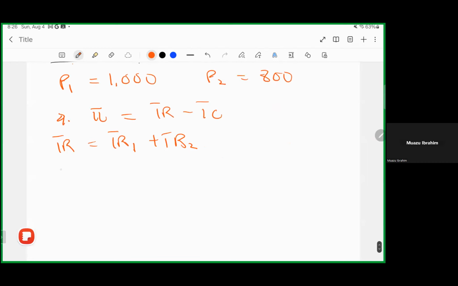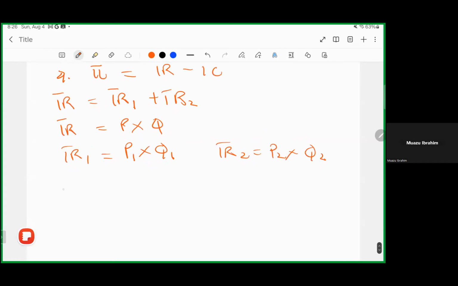Remember, total revenue is the same thing as price times quantity. So total revenue 1 will be P1 times Q1, and total revenue 2 will be P2 times Q2.